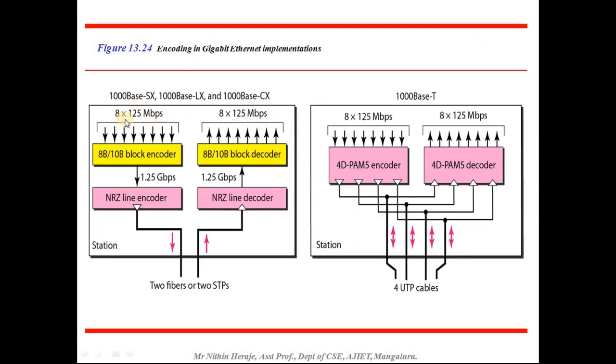You can see how 1000 base SX, LX and CX have been implemented, where an NRZ line encoder and decoder are used. Here it is 1000 base T where UTP cables are used. Here it uses a 4D-PAM5 encoder and decoder.